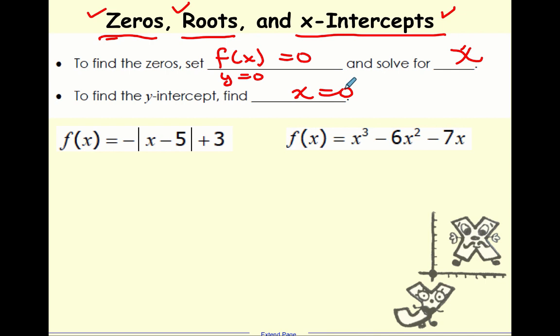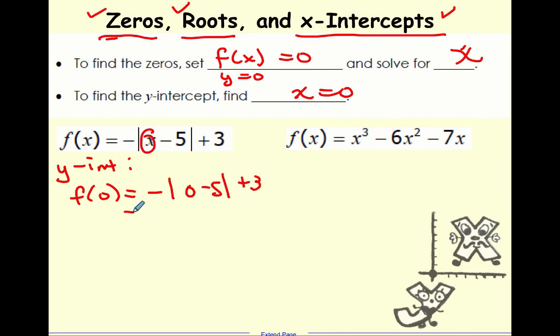Let's look at these two functions, and we're going to find both the x-intercepts and the y-intercepts. In the function f of x equals the opposite of the absolute value of x minus 5, plus 3, we're going to do the y-intercept first because it's usually the easiest. We replace x with 0. So f of 0 equals the opposite of the absolute value of 0 take away 5, plus 3.